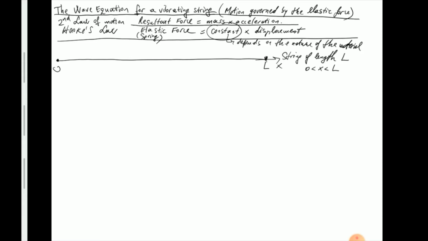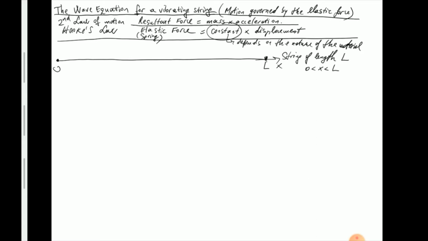And here is where I'm going to deviate a little bit from the book, because the book says that you can basically deform the string vertically, so you can bend it up or down, and then you let it loose to oscillate, so the displacement will be a vertical displacement.